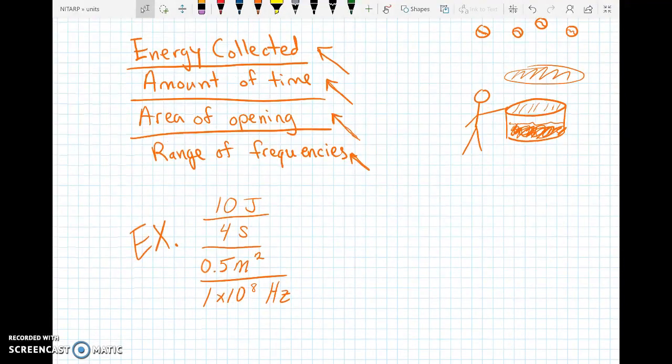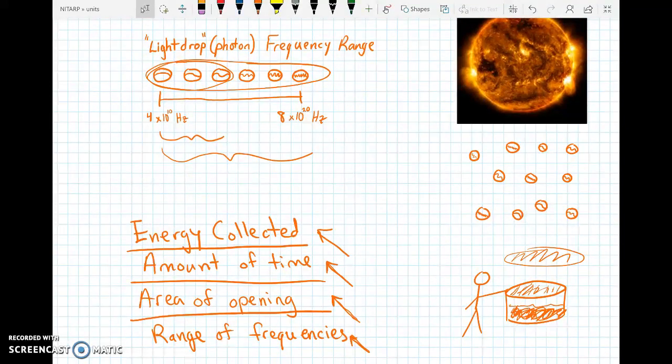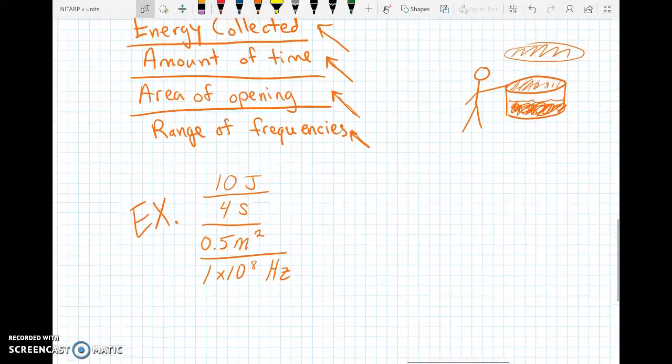So here's an example. Let's say that we put our detector out there, we catch 10 joules of energy over a time of 4 seconds, and an area opening here of half a meter squared, and the range of frequencies that I decide to catch over ends up being 1 times 10 to the 8th hertz. There's nothing special about that, I just kind of made that up.